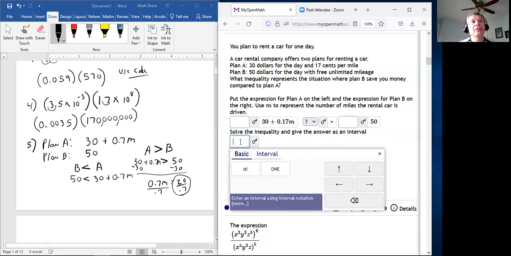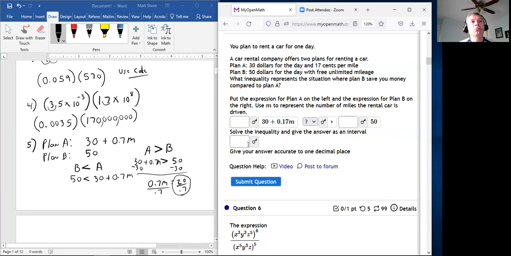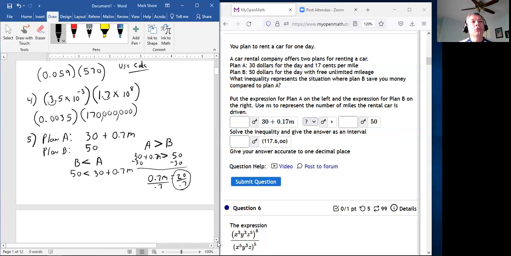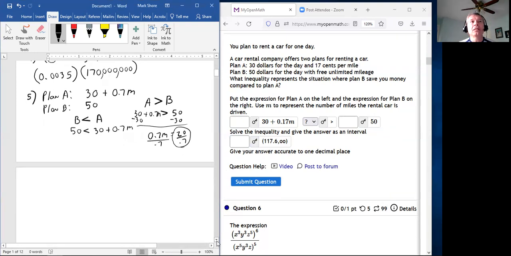You can't type it in, so you have to do it on a calculator. Take 20 divided by 0.7. And, oh, okay, so it's an inequality. I'll show you. When you do 20 divided by 0.7, let me make sure I'm doing this right. Should be 0.17. Yeah, you're right. Let me clean this up here. I didn't give myself enough room in this area. So let me clean this up a little bit.